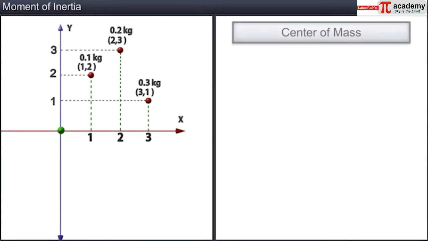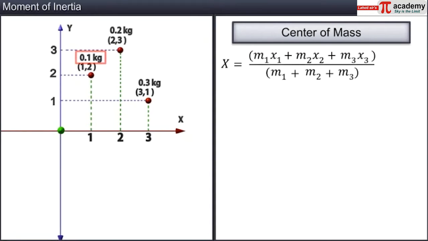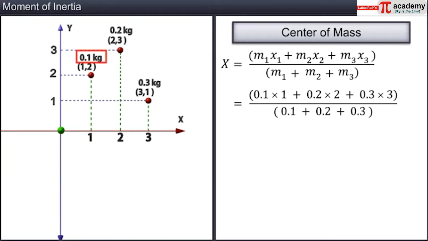For example, the center of mass of the system of particles discussed earlier is x equal to m1 x1 plus m2 x2 plus m3 x3 by m1 plus m2 plus m3, which is equal to 0.1 into 1 plus 0.2 into 2 plus 0.3 into 3 by 0.1 plus 0.2 plus 0.3, equal to 2.33.